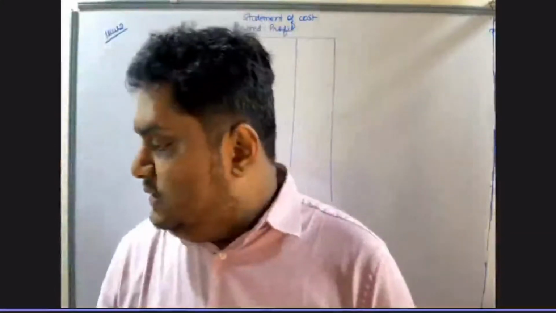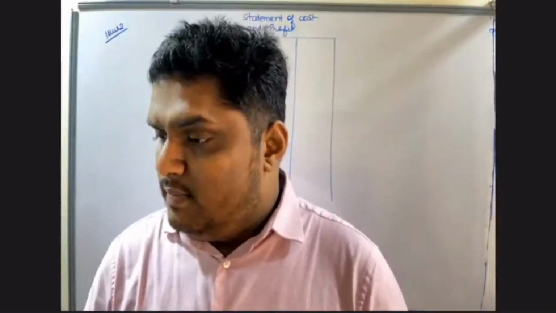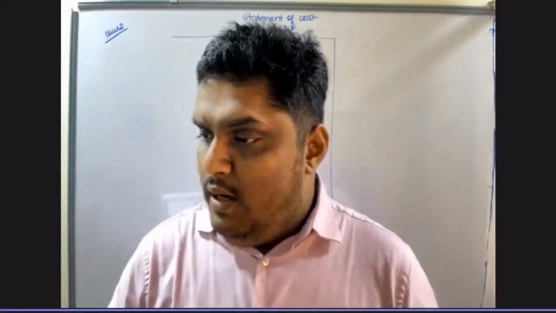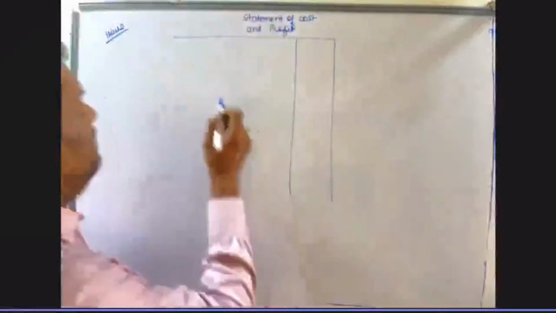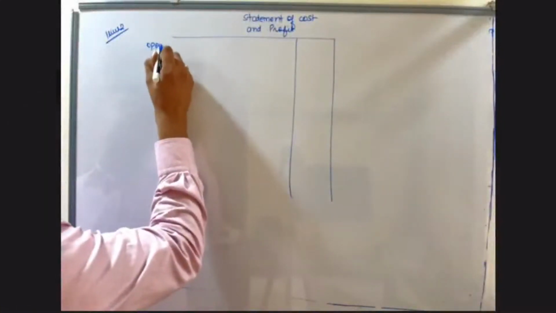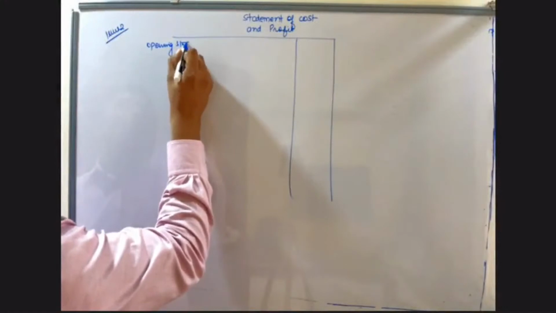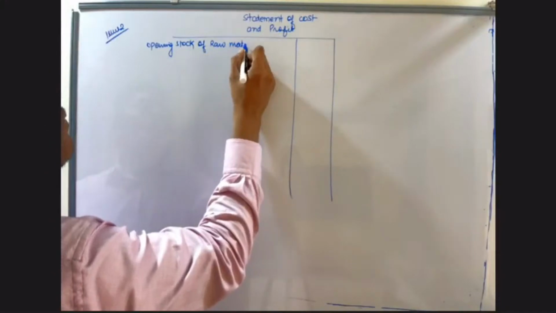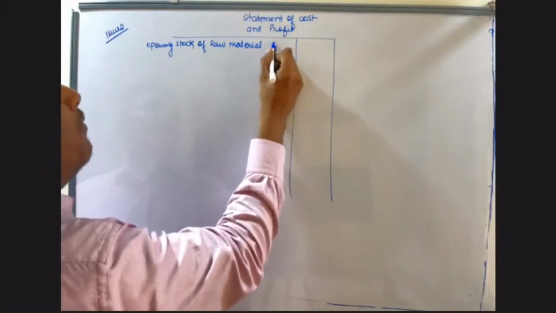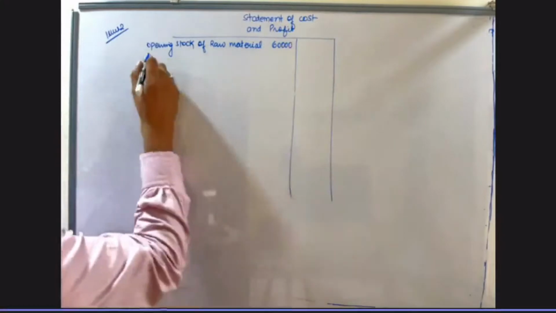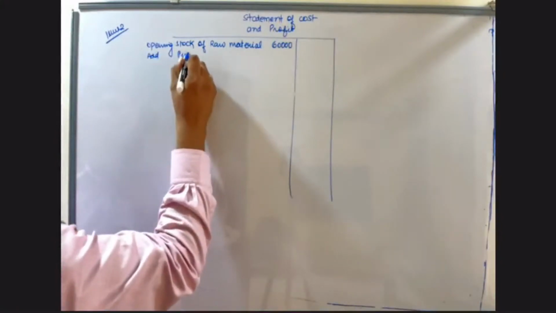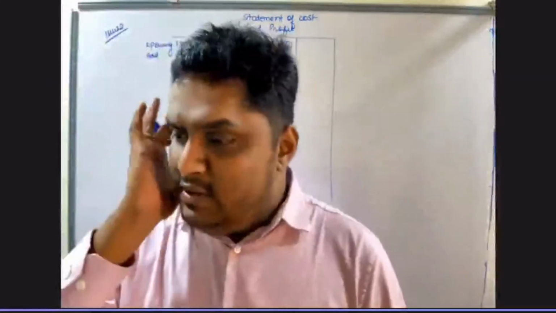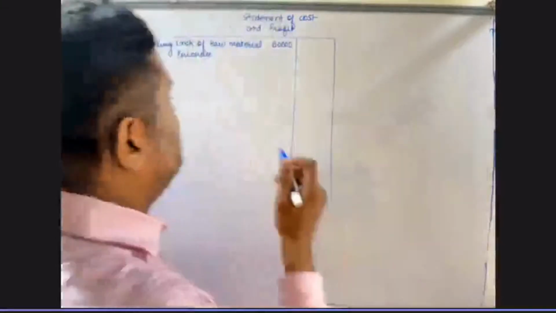So let's start, guys. Now opening stock of raw material is 60,000. Add purchase of raw material. When talking about the purchase of raw material, it is given in the question 4,80,000.